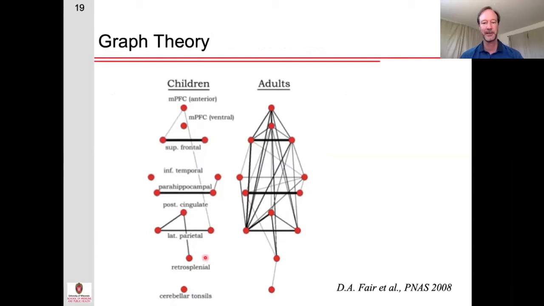And in this particular case, the areas that have significant connections or strong connections between them have lines connecting them, and the width of the line is representing how strong the connections are. And this is a study from Damien Fair where he was comparing the functional connectivity in children versus adults. And you can see that during development, a lot of these connections, in particular, the more anterior-posterior connections in the default mode network, are formed later on as you get closer to adulthood.